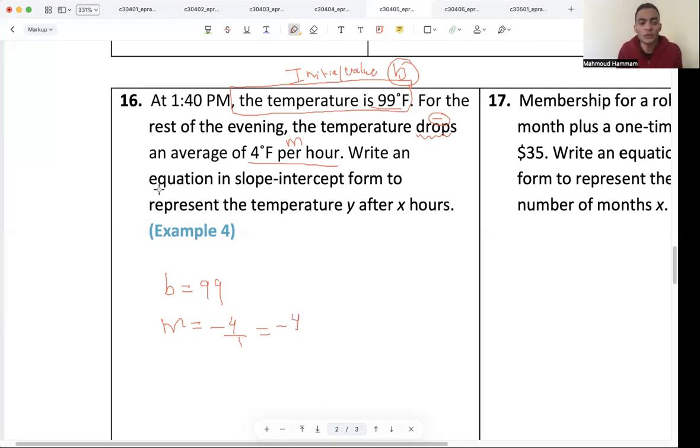Write an equation. Now he's asking for the equation in the slope-intercept form to represent the temperature y after x hours. So I want an equation y equals mx plus b. This time, do I have a b? Yes. The b is the y-intercept, or we sometimes call it the initial value.